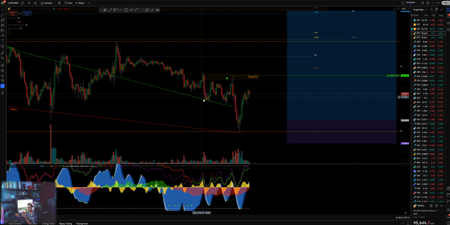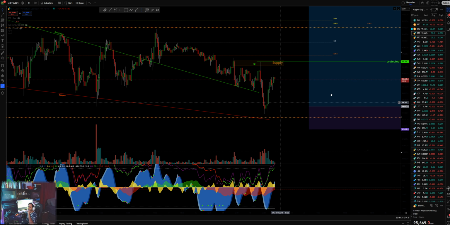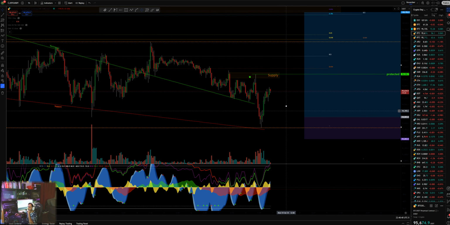Divergences, I'm going to take a long. And then you have the people who say, this has been going really far. I think it's going to keep going down. Okay? So they literally, same information, same data, two opposite mindsets. So you have to keep that in mind. Which kind of trader are you going to be?